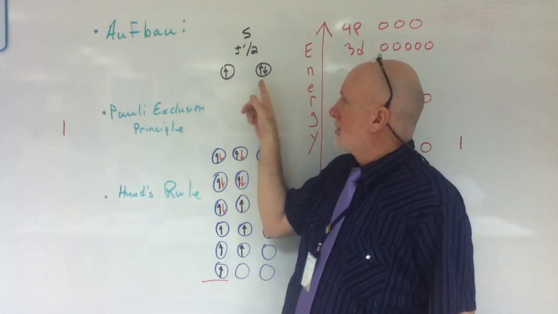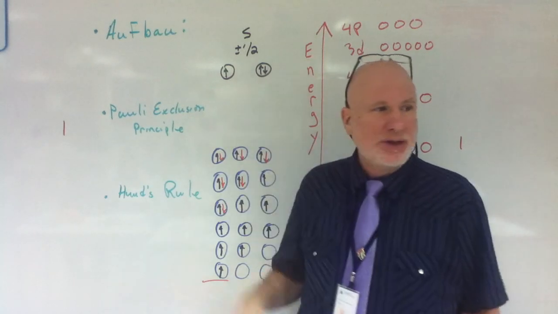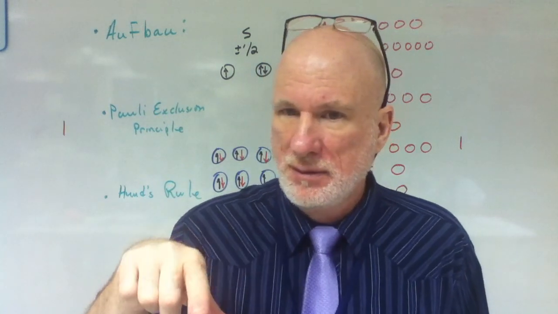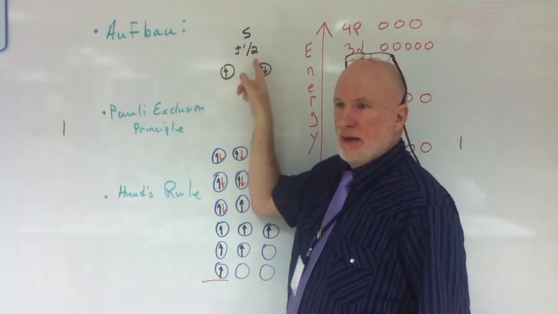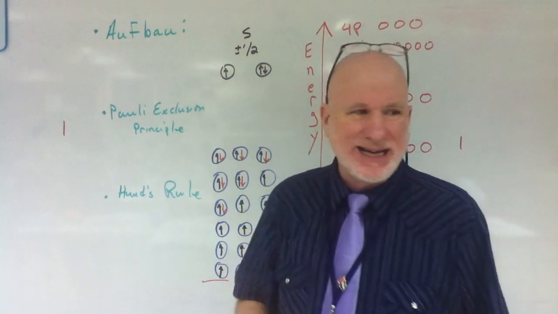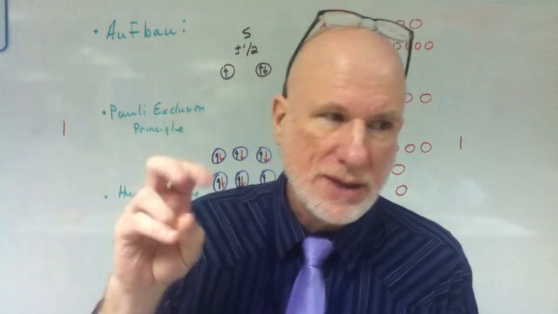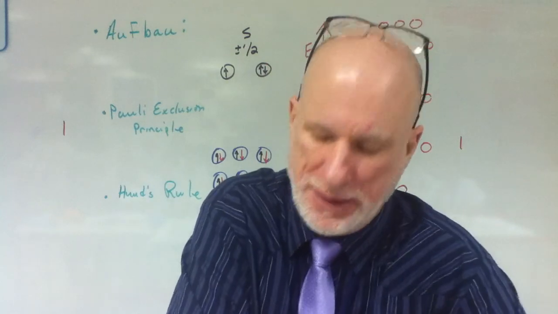And if there's 2 electrons in there, the second electron has to have the opposite spin. We denote that by arrows, up and down. Electrons are assigned plus 1/2 and minus 1/2 relative to the quantum numbers, okay? But we've done all that. We're kind of reviewing a little bit.